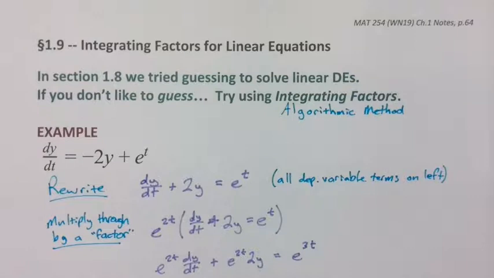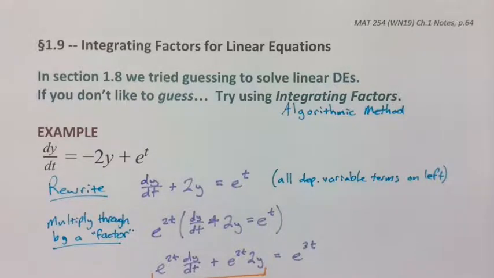Now, the action that we're really interested in is what's happening on the left-hand side. We need to pay attention to what we're getting on the left-hand side. These two terms right here, there's two terms, each of them has two factors. If you look closely, e to the 2t appears in both of them, and then we've got this dy/dt business going on here.